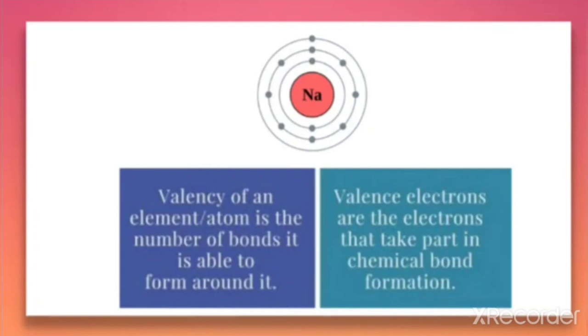So valency is the most important property of the element. It has been observed that the chemical property of the element depends upon the number of electrons present in the outermost shell. So these are the two important points, that is the valency and the valence electron.